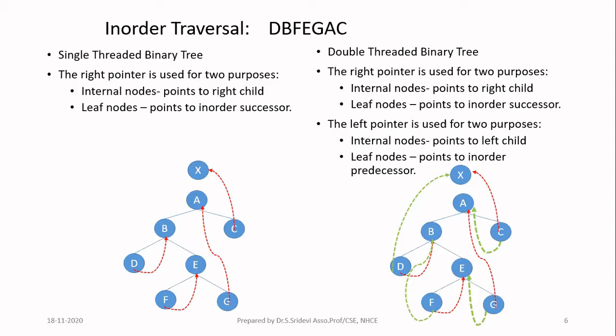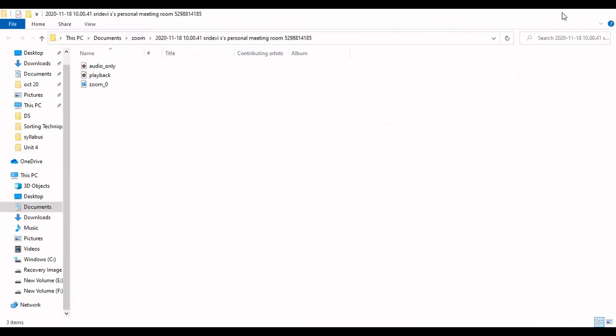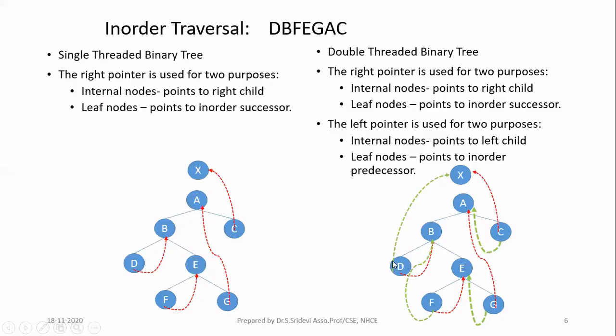So let us look at the left pointer of node D. You have to store information about the predecessor of D in the in-order traversal. Look at the D position. It is the first node. There is no predecessor for this node in the in-order traversal. Therefore, you have to make the left pointer of the node D point to the dummy node.